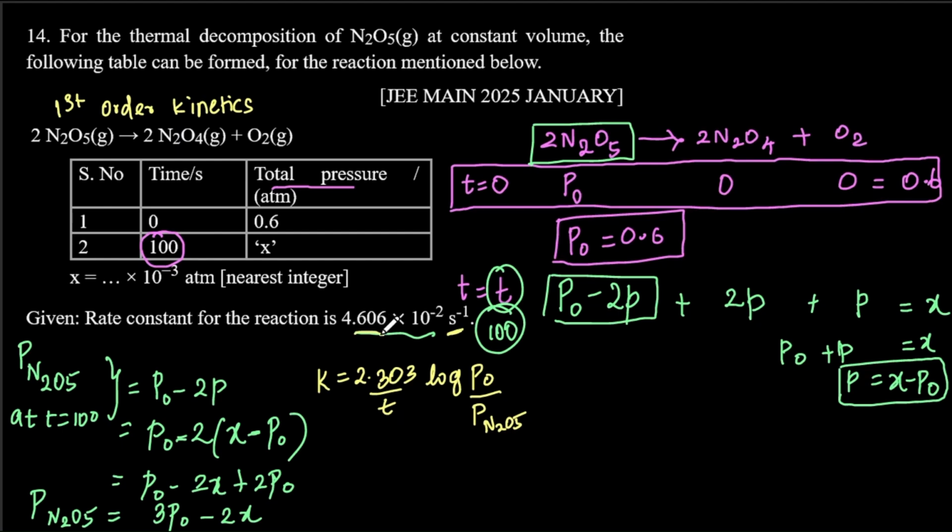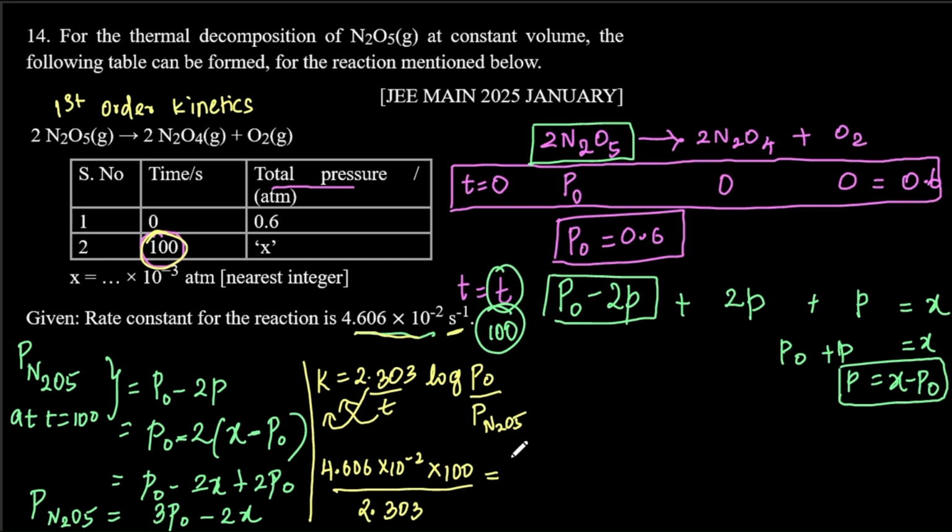The K value is given, 4.606 into 10 power minus 2, into t. The time is 100, divided by 2.303, which is equal to log of P naught divided by P N2O5.